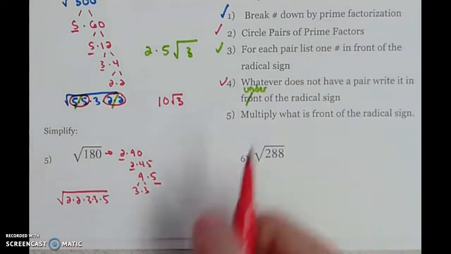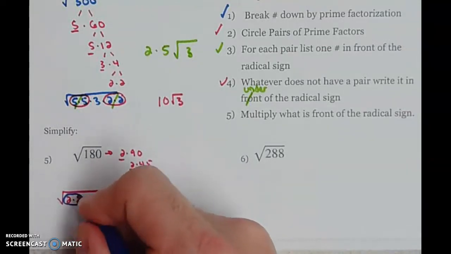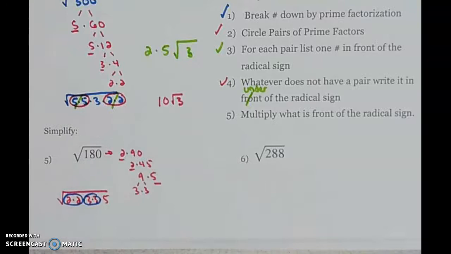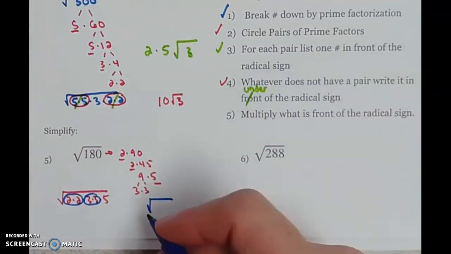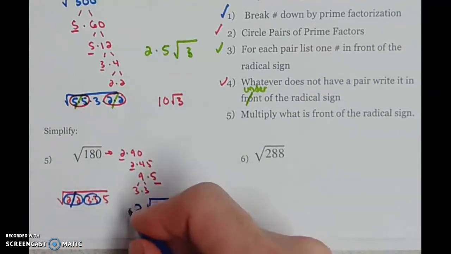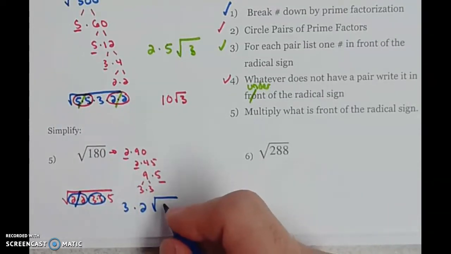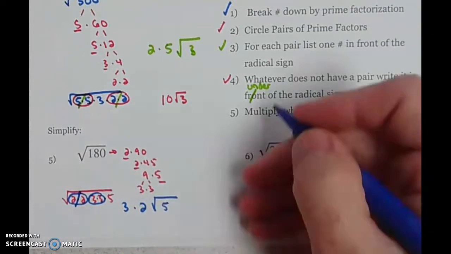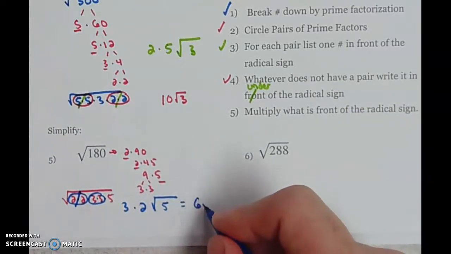Now I'm going to circle every pair that I have: a pair of 2's and a pair of 3's. Now, step 3, for each pair, list one in front of the radical sign. So I'm going to cross out my 2's and put one 2 in front of the radical sign, and one 3 in front of the radical sign. And then I have a 5 underneath the radical sign. So my final value would be 6 square root of 5.